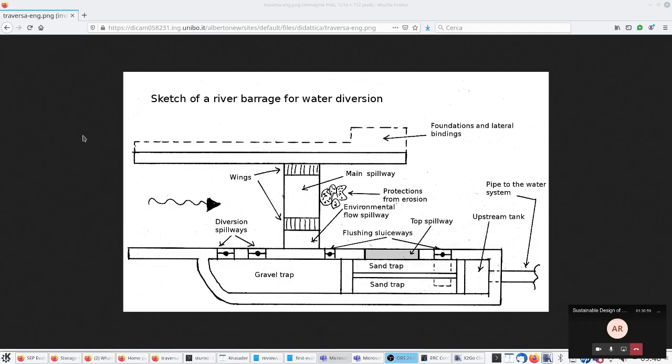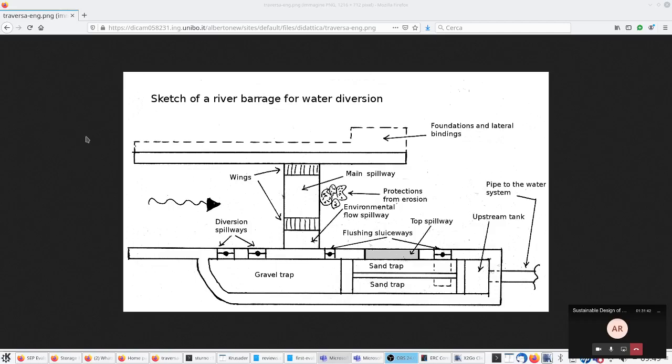So we are sure that water passing into the upstream tank, which is water flowing above this step that is located on the floor to divide the sand trap from the upstream tank, is clean water, at least for the purposes of the downstream uses. As I said, we can allow that some very tiny particles are conveyed downstream, and the limiting size of the particles that we have to remove depends on the downstream uses.